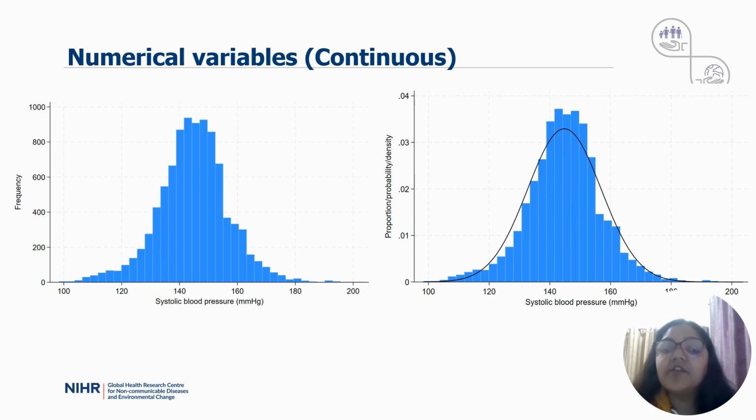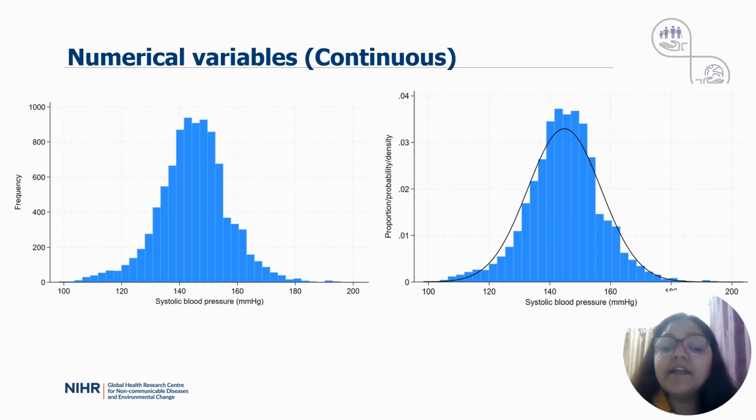This gives a sense of the shape of the distribution, and the area under the curve can also be interpreted as the probability that a person chosen at random from this population would have a value of that variable in a certain range below a specific value or greater than a specific value.